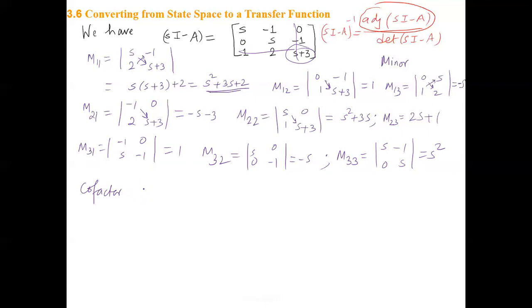Cofactor is, put all the minors together here. Put all minors together. What is M11? M11 goes here. S squared plus 3S plus 2. So what is your M12? M12 is 1. What is your M13? Minus S.